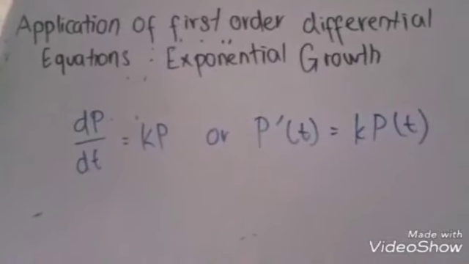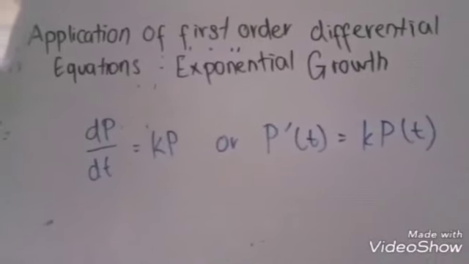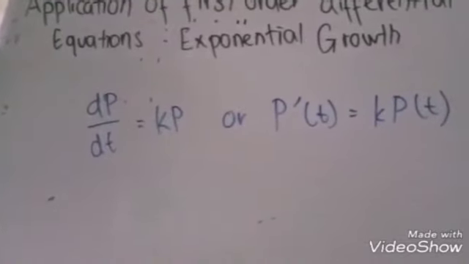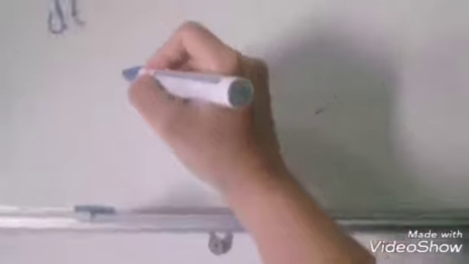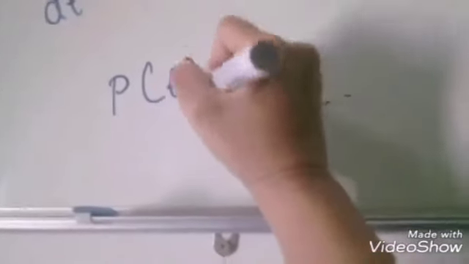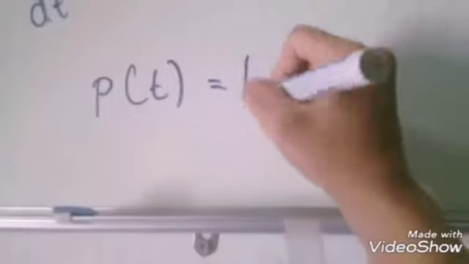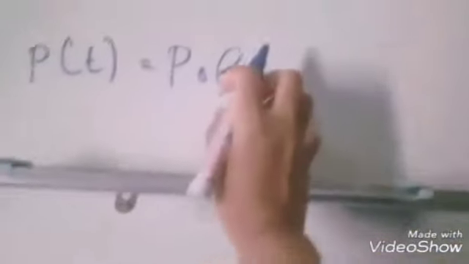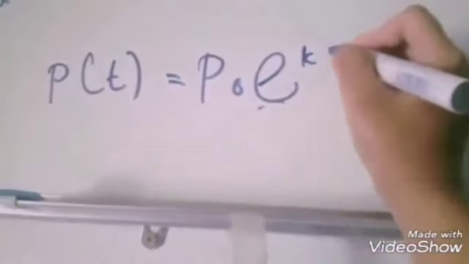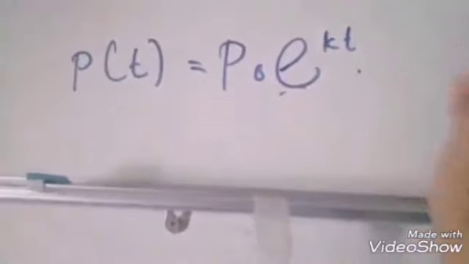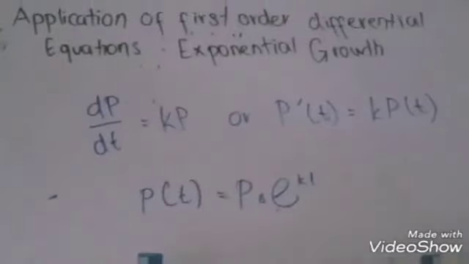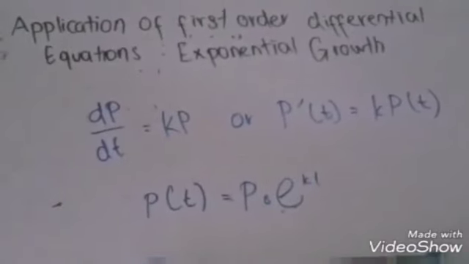We will solve this differential equation to find P(t), but the only function that satisfies this is P(t) equals P0 e to the kt. This is to remind you of exponential growth. Let's start by looking at an example.